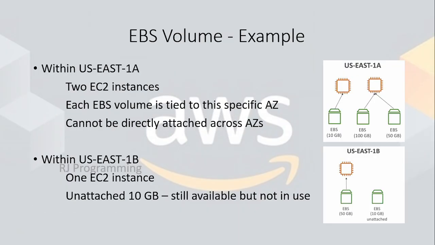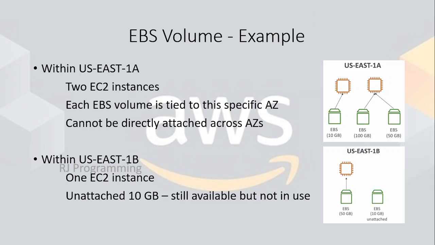In this image, we have two availability zones within the US East 1 region, East 1A and East 1B. Each zone contains EC2 instances, which you can see as the orange shape icons, and EBS volumes, the green storage icons. Within East 1A, there are two EC2 instances.